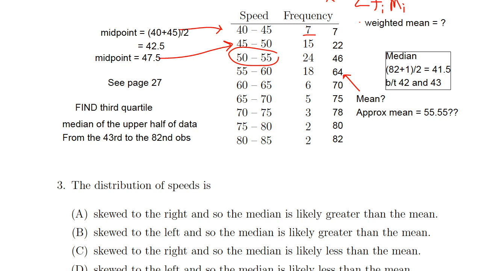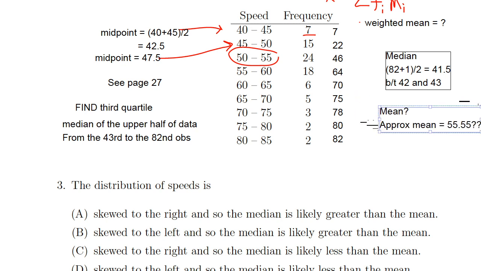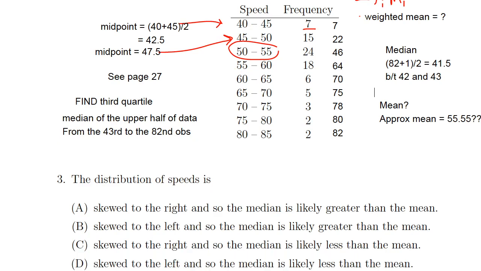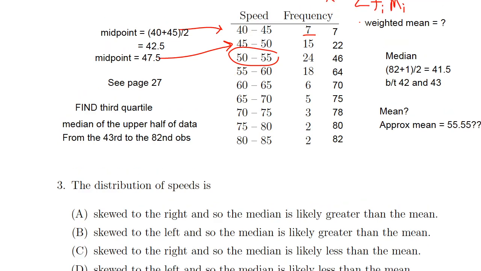I want to renumber this, just for the second half, right? It's a little easier to understand. So we would start at the 43rd observation. There are exactly 42 observations in each half.